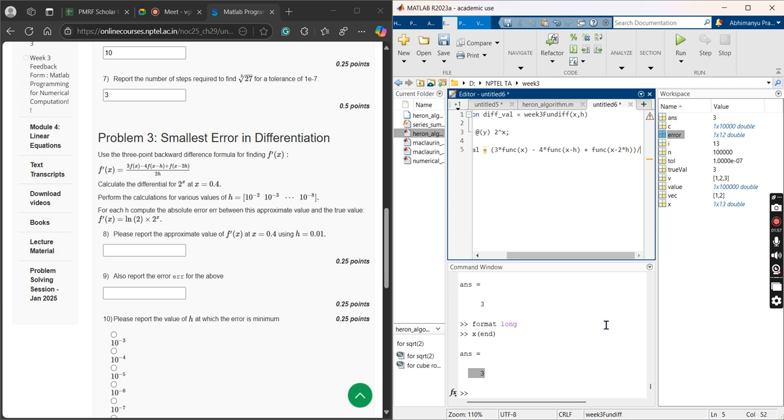And I need to divide this by 2 times h. Fine. So yeah, this should work. And so I will save this function.